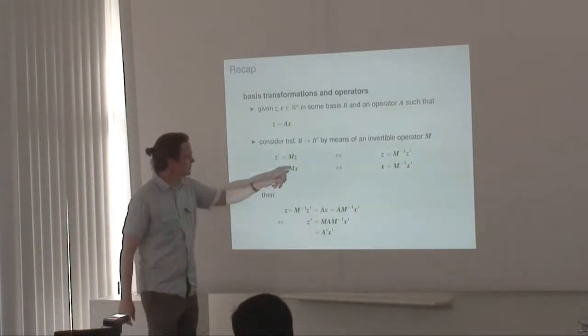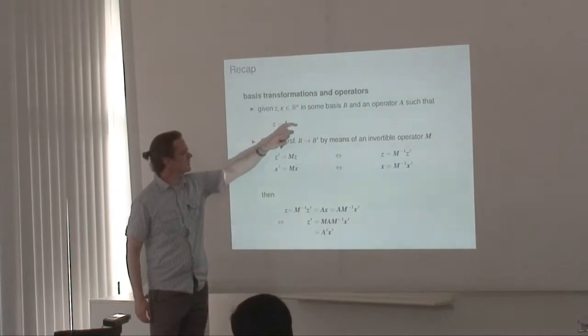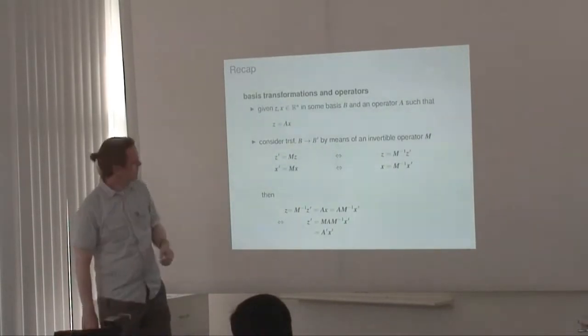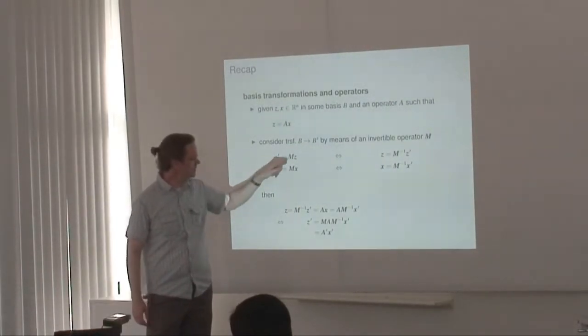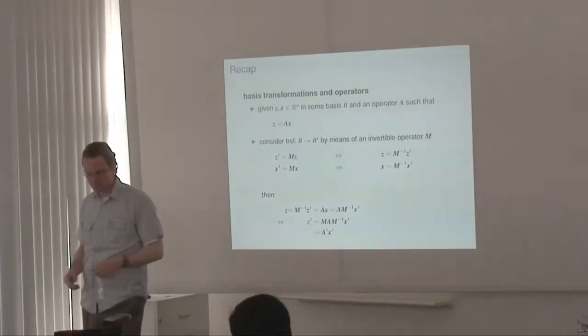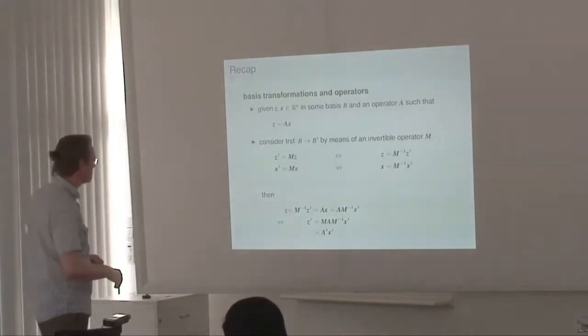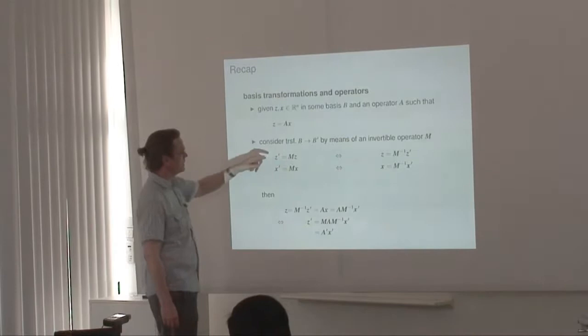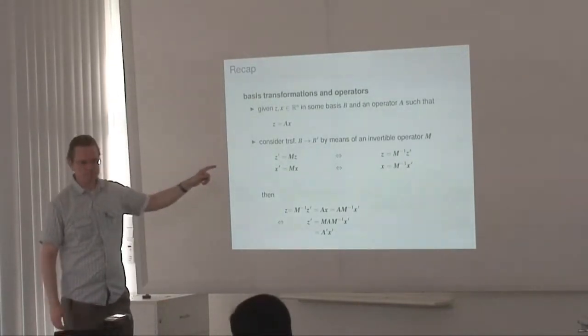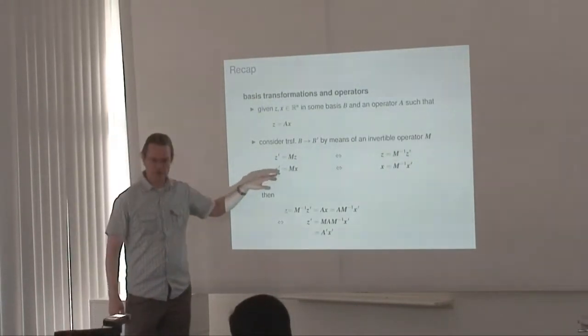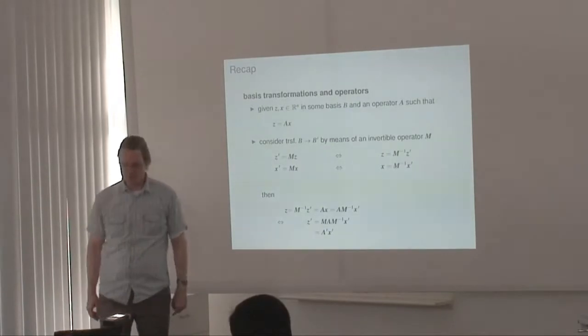That is to say, given vector z expressed in the basis b, we might multiply the matrix m, this operator, to z and obtain z prime expressed in the basis b prime. Of course, we can do the same for x and would get x prime.